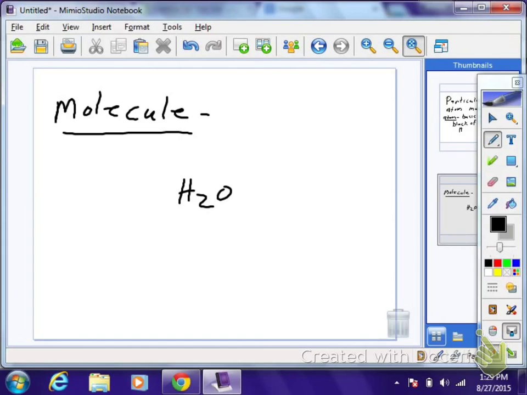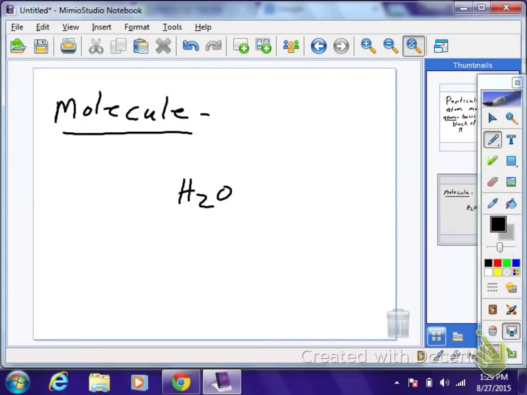And so we have these model kits that we work with, and you will work with, that represent different molecules. So if there's water vapor in the air, high humidity, these are floating around. Well, this is just a model of it.